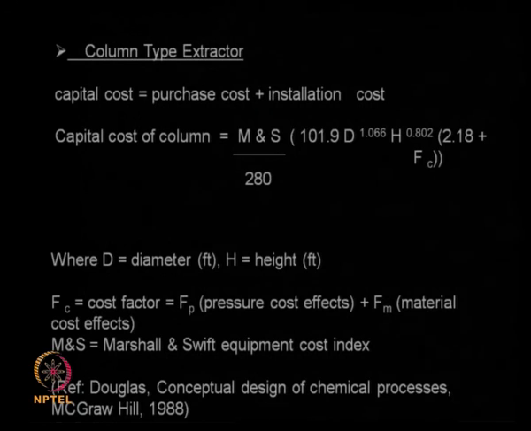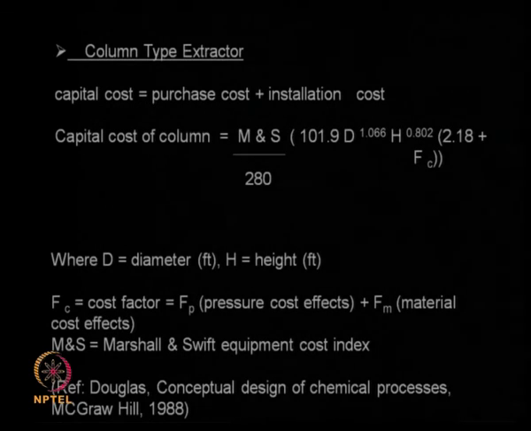Installation cost involves so many factors: adding pipes, adding electricity, adding motors, adding utilities, making the land, making the foundation. All these costs add up, and that is how capital cost is calculated. So sometimes I may purchase an equipment for rupees 1 lakh, but by the time I make it operational I may be spending another 2 lakhs. So the actual capital cost will be 1 plus 2 lakhs. So you need to consider the other factors also.